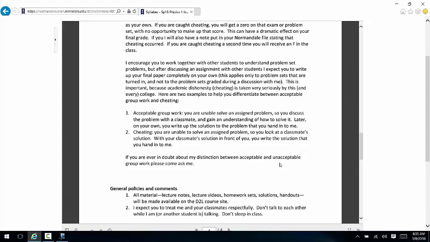And obviously, as you go on, in a couple of years in college, any kind of cheating related thing is taken very seriously by colleges and universities.